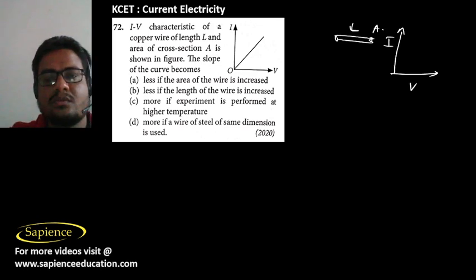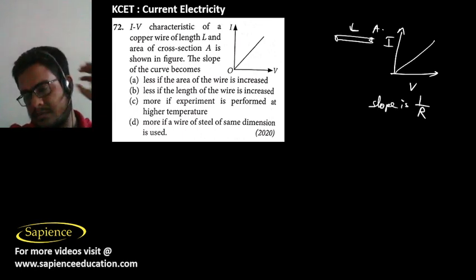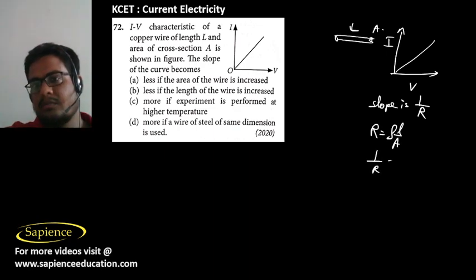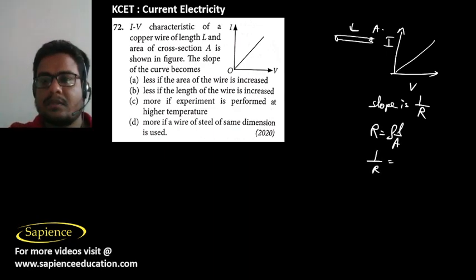So in the IV characteristics, the slope is 1 by R. We know that R equals rho L by A. So 1 by R will be equal to A by rho L. So the slope is A by rho L.